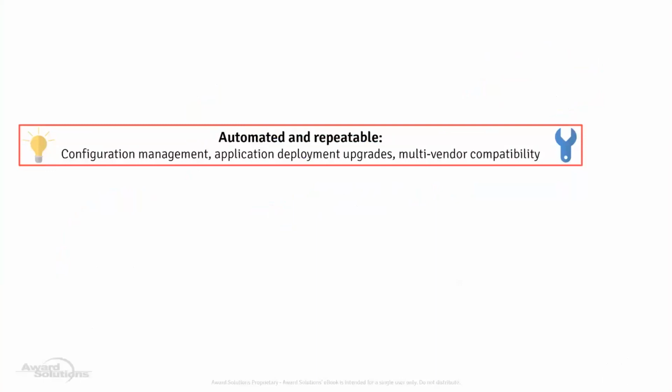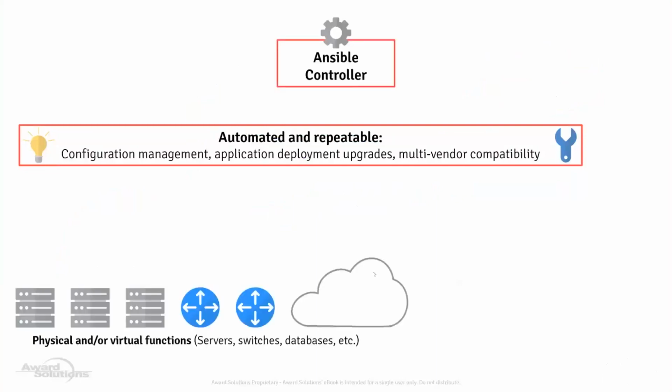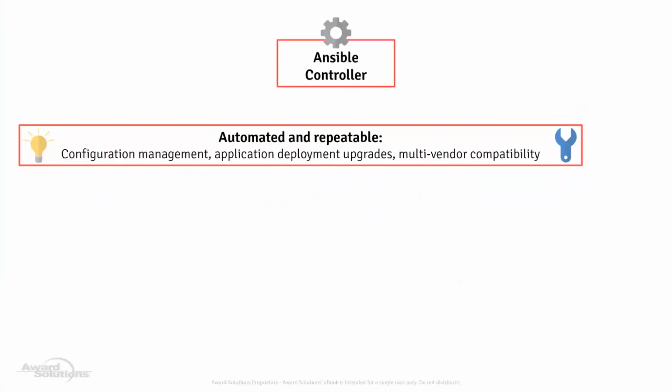And I'll talk a little bit about what Ansible is as well. So Ansible is an automated, it's trying to solve automated, repeatable things. Maybe this is configuration management, application deployment upgrades, multi-vendor capabilities, and such. We're going to deploy something called an Ansible controller.